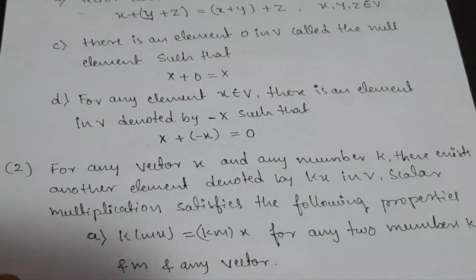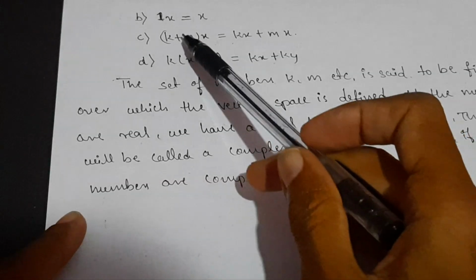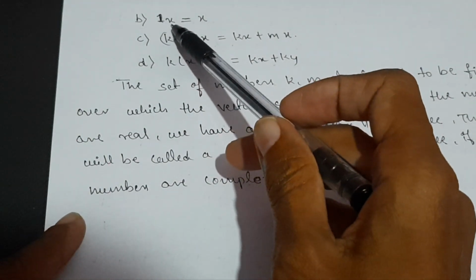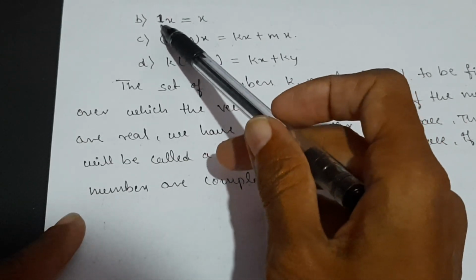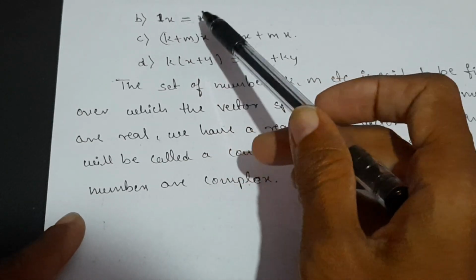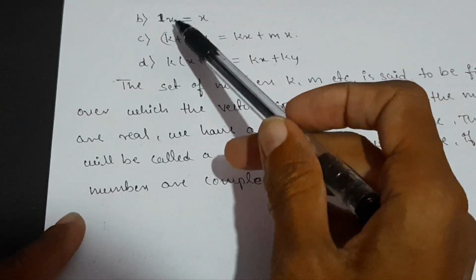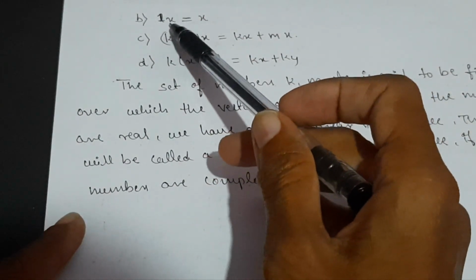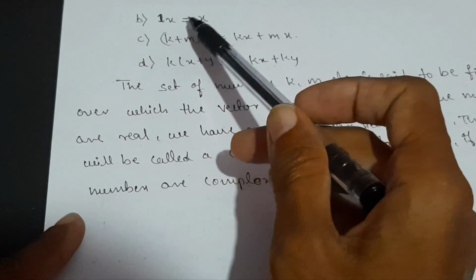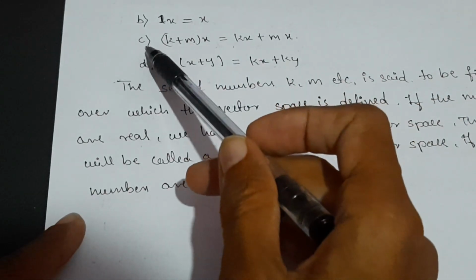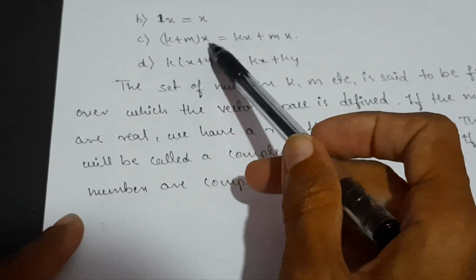Not the vectors. Second rule: 1 times x, the unit scalar times any vector x, is equal to the same vector. For multiplication we multiply with 1, so we get the same element x. Third rule: (k plus m) times x.